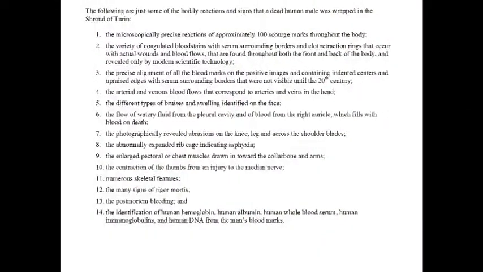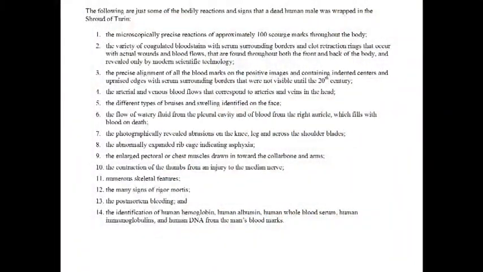The many signs of rigor mortis throughout both sides of the body, the postmortem bleeding, and the identification of human hemoglobin, human albumin, human whole blood serum, human DNA, and human immunoglobulins from the man's blood marks.